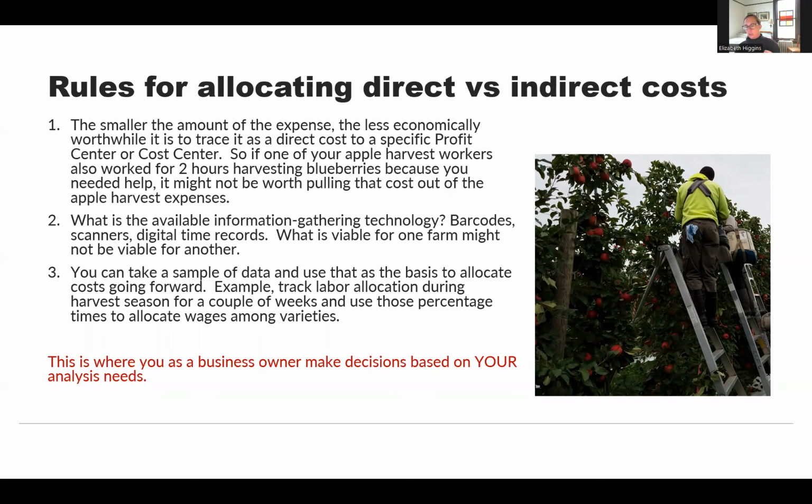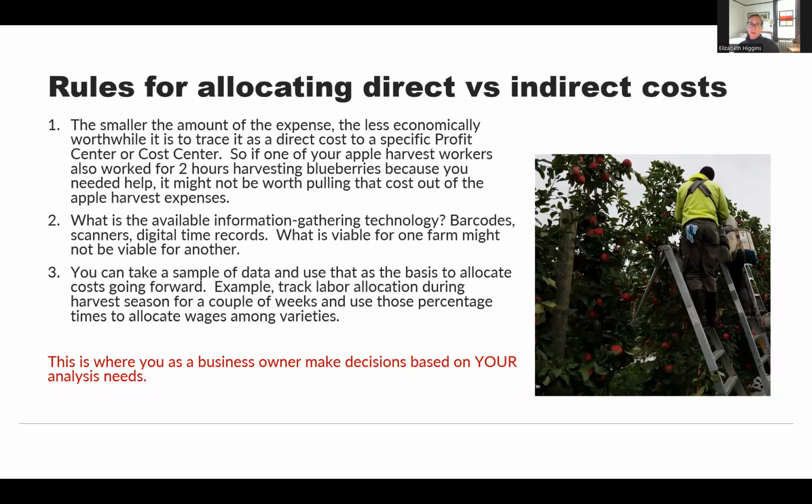So for small, infrequent amounts, it's easier to just allocate the costs to where most of the costs go.